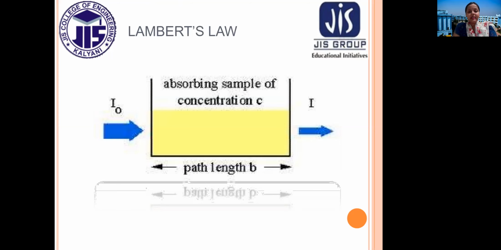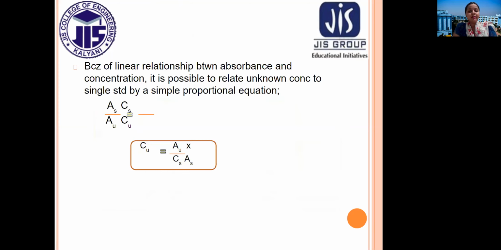If the path length is B, then because of the linear relationship between absorbance and concentration, it is possible to relate an unknown concentration to a single standard by a simple proportional equation, where we can write AS by AU equals CS by CU. From that we can write CU equals AU into CS by AS.